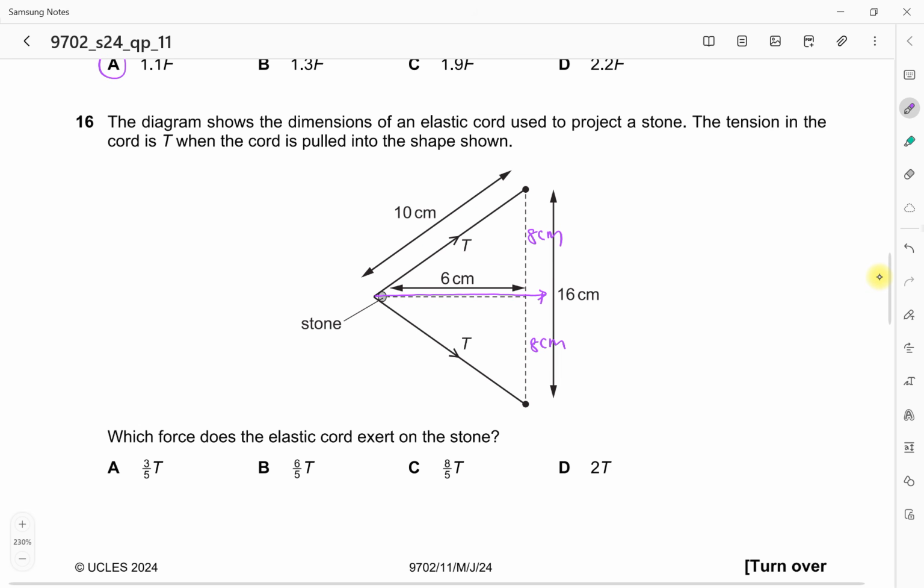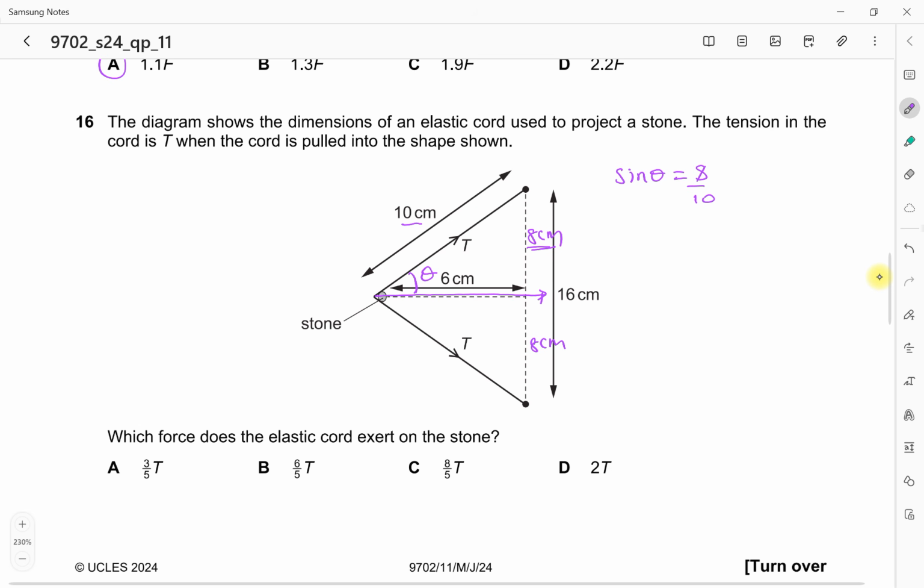So I'm going to consider this angle as theta. Theta, this is opposite, this is hypotenuse. So we know that sine theta is equal to the opposite over the hypotenuse, which is 10. Alternatively, I can find the horizontal here so that I can find cos theta.